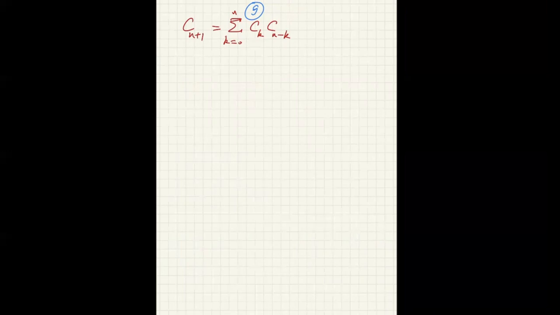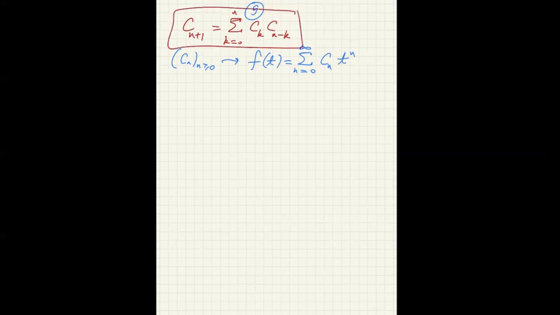So here's how we're going to use generating functions. To the sequence Cn, n greater or equal to 0, as before, we associate its generating function. So it's f of t, the summation from n equals 0 to infinity of Cn t to the n. Now, what do I need to use? I need to use this relation somehow.